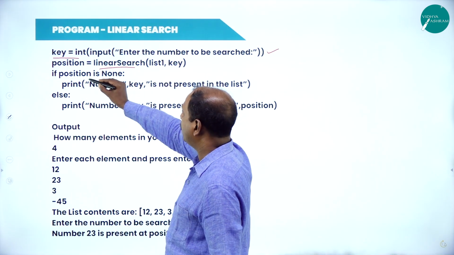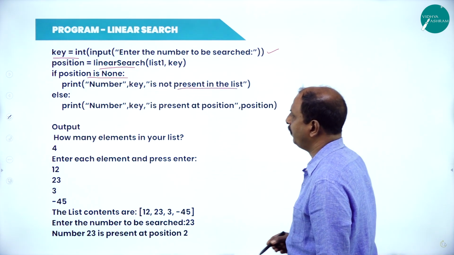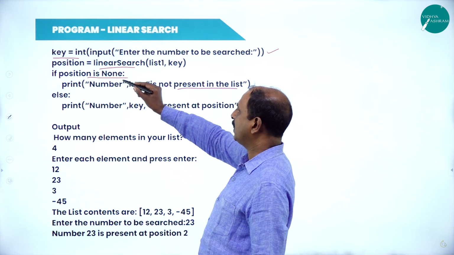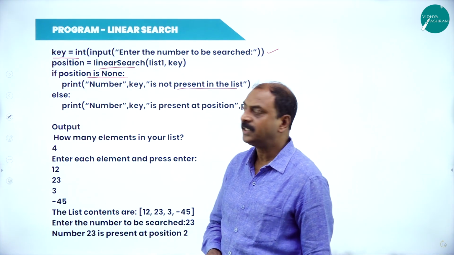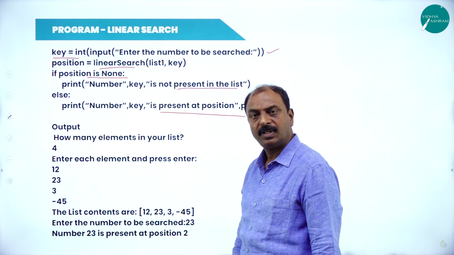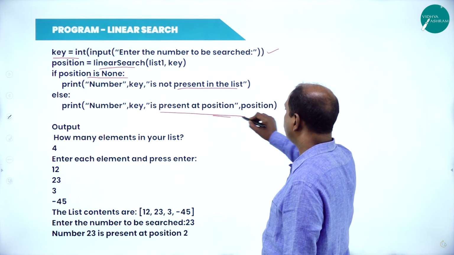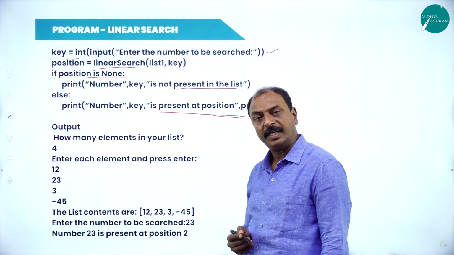If position is None, the element is not present. Means if the given key element is not matching with any of the elements in the given list, we have to say that the element is not present. Otherwise, we print the value along with its position. See, these are the programming statements for linear search.